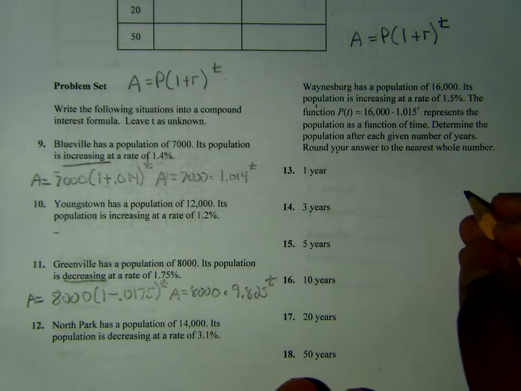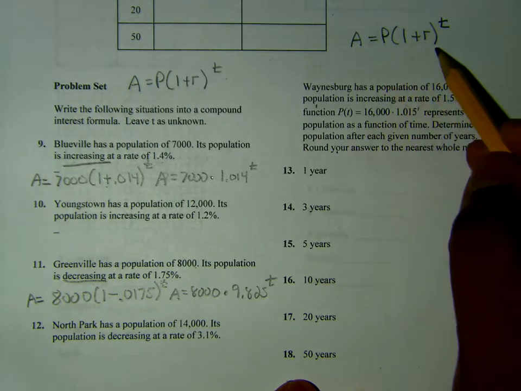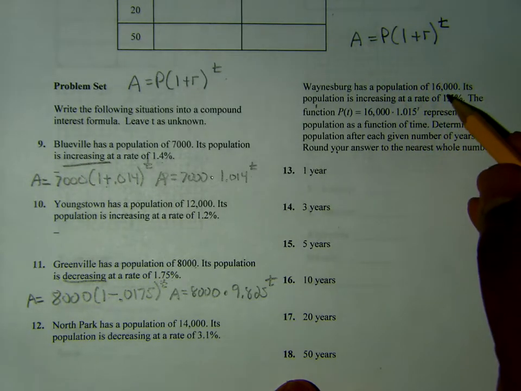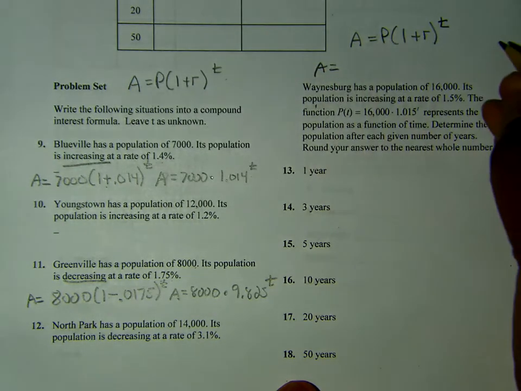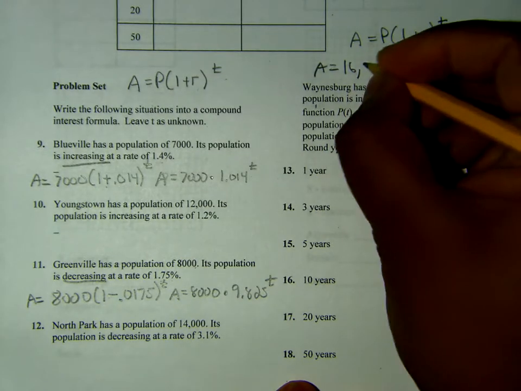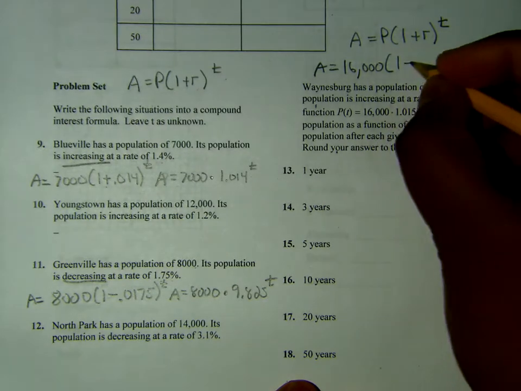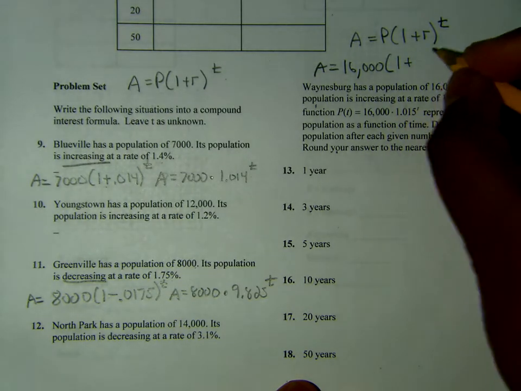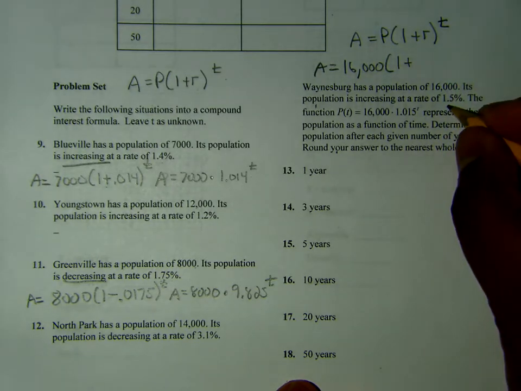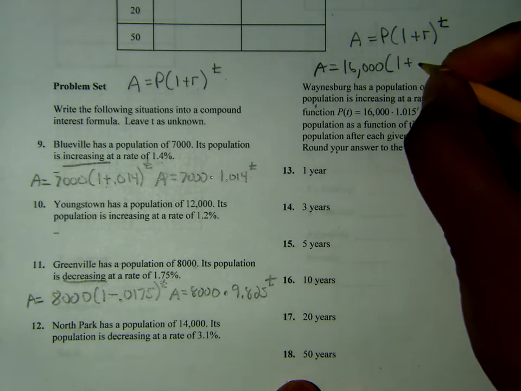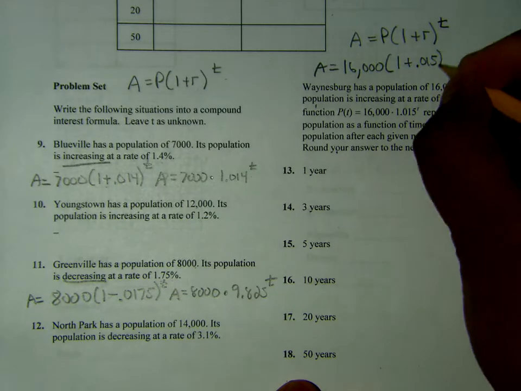First, I'm going to show you with the compound interest formula how they converted and got this. Same thing we've been doing. We'll take A is equal to the principal, 16,000, times 1 plus the rate, which in this case is 0.015, raised to the t.